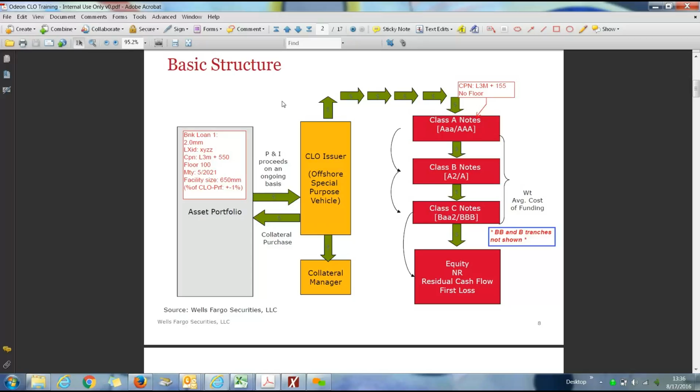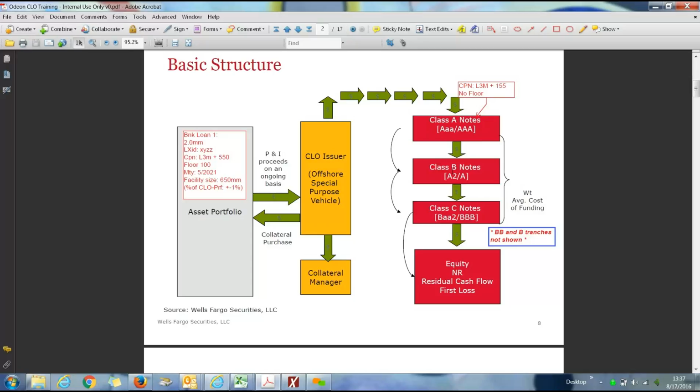What I wanted to point out is that there's a big difference between what is being paid into the deal by the assets, which are bank loans, and what's being paid down to the bonds. I just showed what the coupon would be on the AAAs: about LIBOR 3 months plus 155.